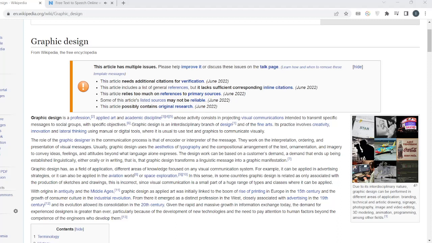Both editions attracted signatures from practitioners and thinkers such as Rudy VanderLans, Erik Spiekermann, Ellen Lupton and Rick Poynor. The 2000 Manifesto was also published in Adbusters, known for its strong critiques of visual culture.